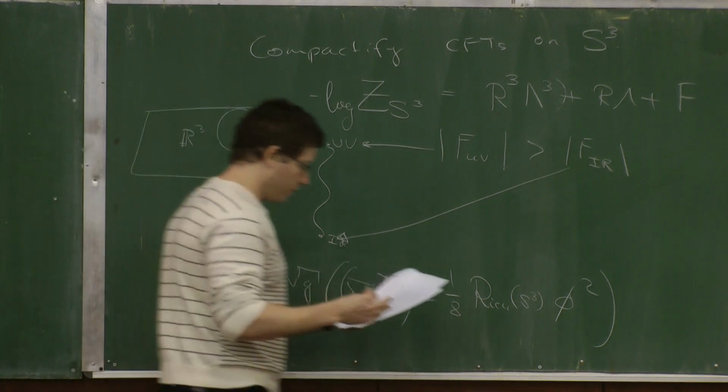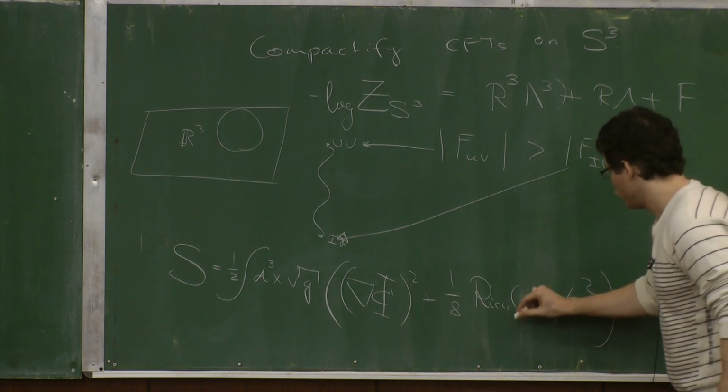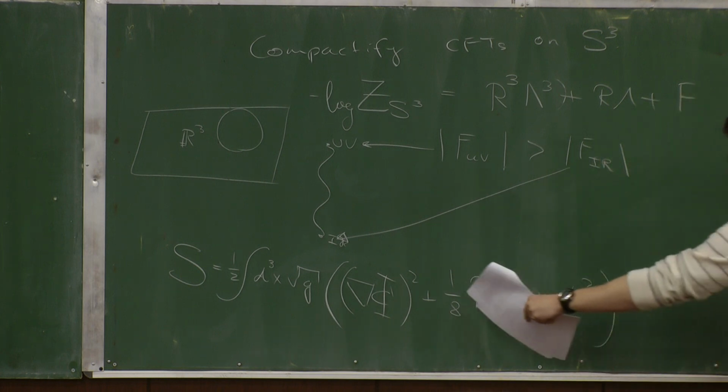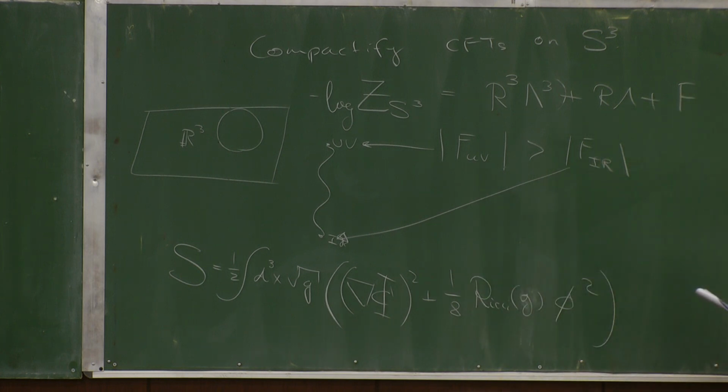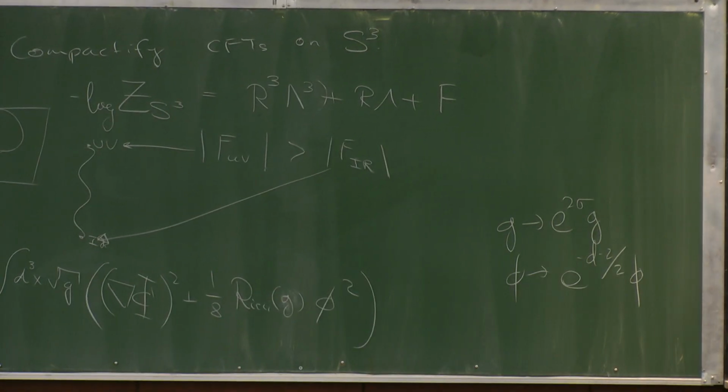If you want to repeat this exercise and see where this comes from, you should think about this in a general background metric, g, not necessarily the sphere. The transformation which necessitates this term is the familiar Weyl transformation, which is just the same thing as a conformal transformation. These are the Weyl transformations of the field and the metric.